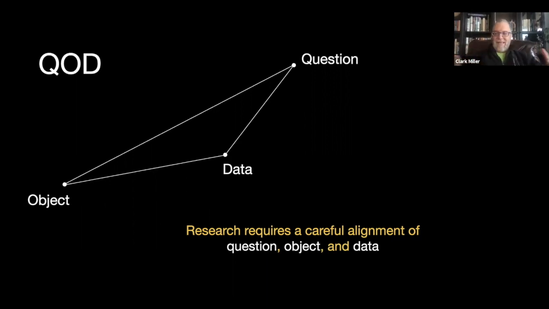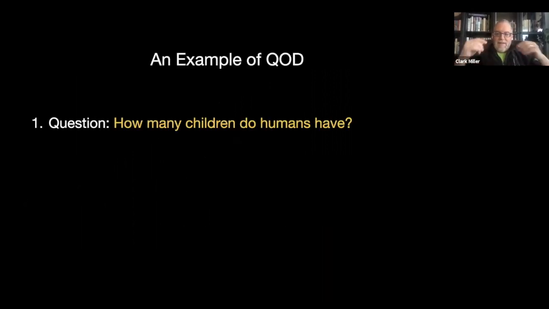So let me give you an example of how QOD works. So suppose you have a question. How many children do humans have? It's a relatively simple and straightforward question, right? And one that has some potential interest, maybe to a biologist, maybe to a sociologist, maybe to an anthropologist.